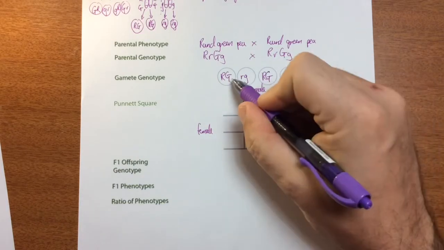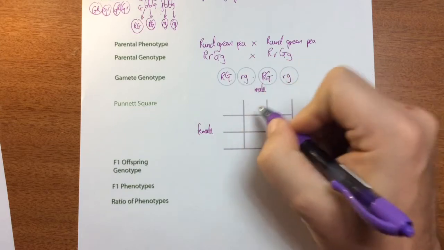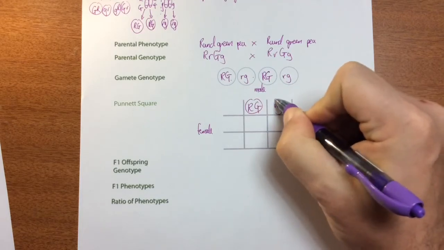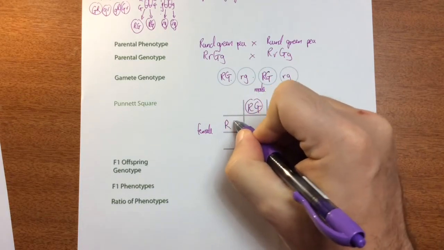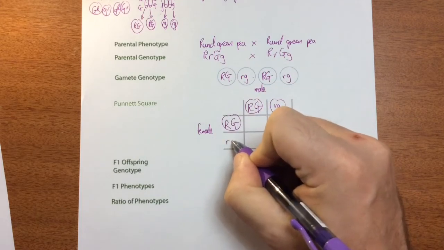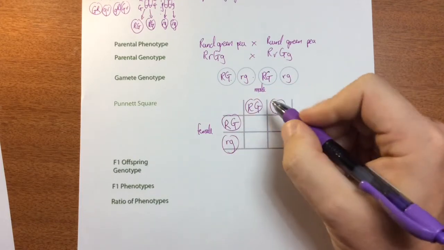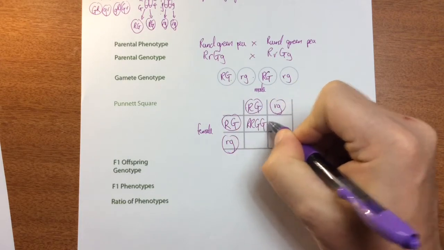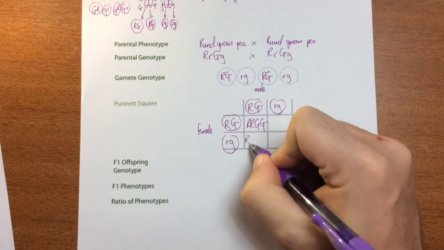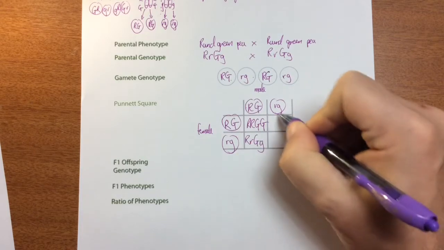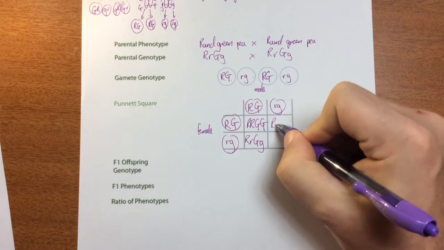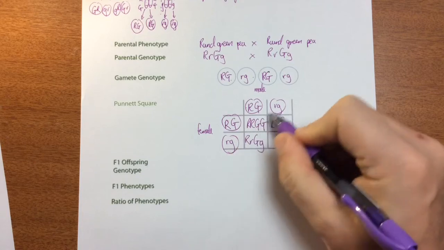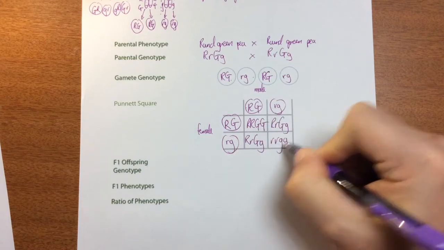Now that we've identified our gametes, we get big R big G, little r little g, and big R big G, little r little g. And we cross those over, what do we get? Big R big R, big G big G, big R big G, little g, big R big G, little g, little r little r, little g little g.